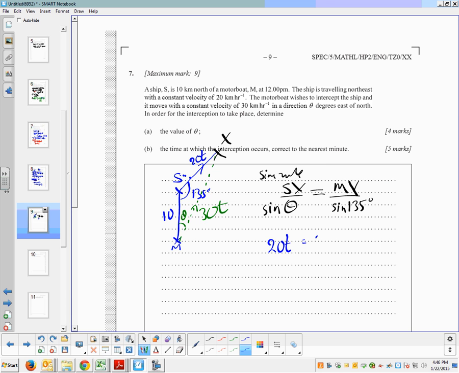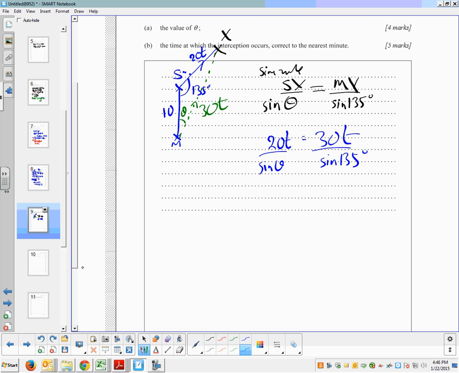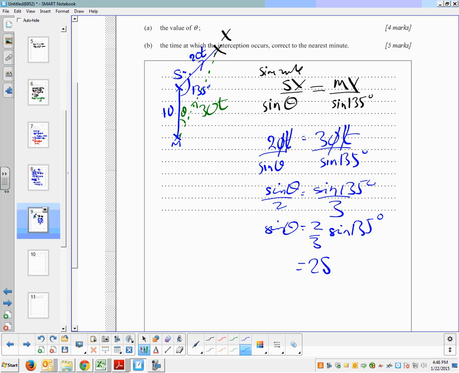When I put in Mx, I get 30t. Bit of rearranging. T's cancel. Sine theta over 2 is equal to... should have started with it that way around, really. Sine theta equals 2/3 sine 135, which is 28.1 degrees.